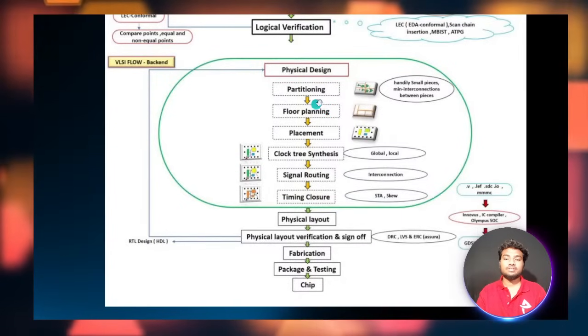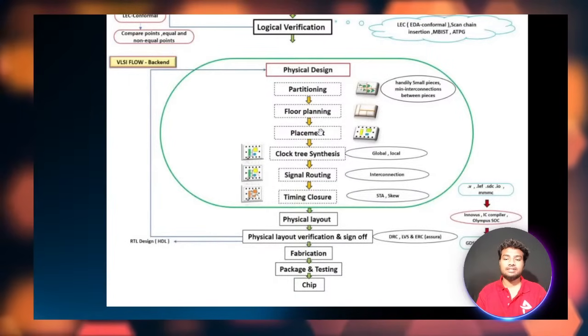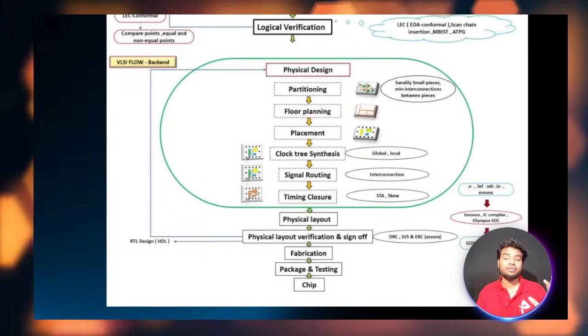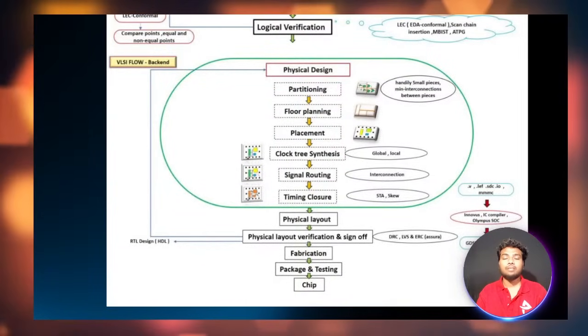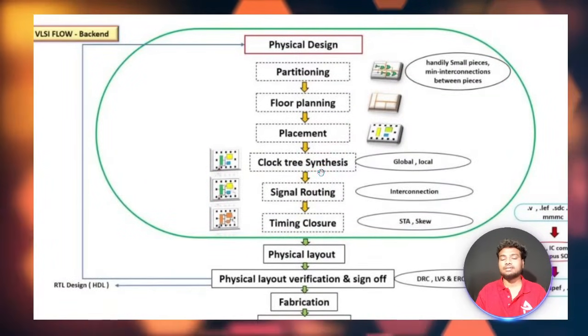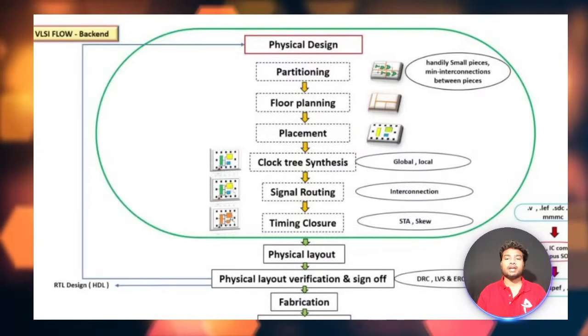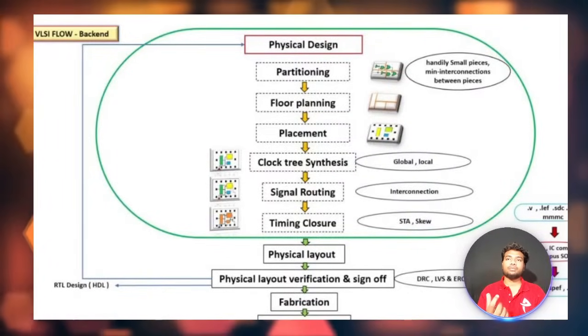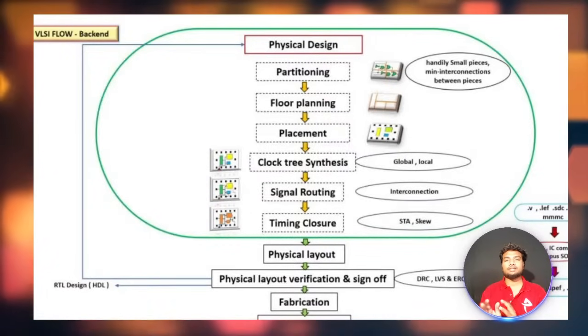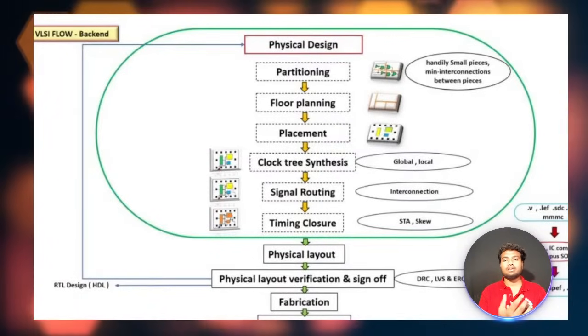They will do the partitioning, floor planning, placement. Placement means nothing but making the transistors in the corresponding blocks of the chip. Okay, and then clock tree synthesis. Clock tree synthesis is nothing but, for example, if you take the SoC in your mobile chip, it has a lot of blocks, like CPU, GPU, memory block, and a lot of peripheral blocks.